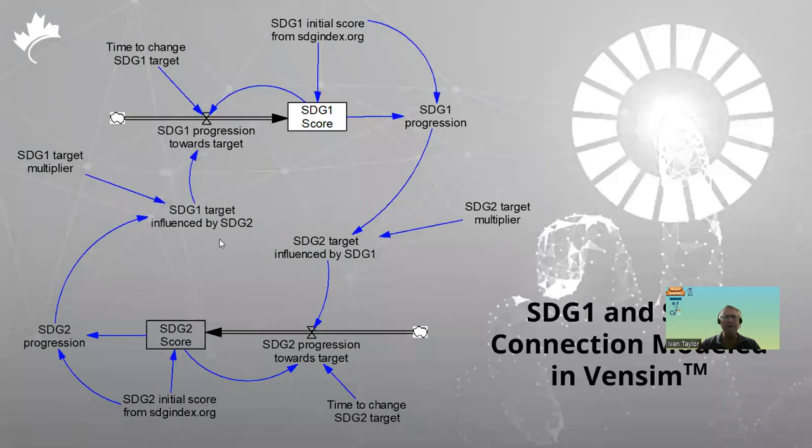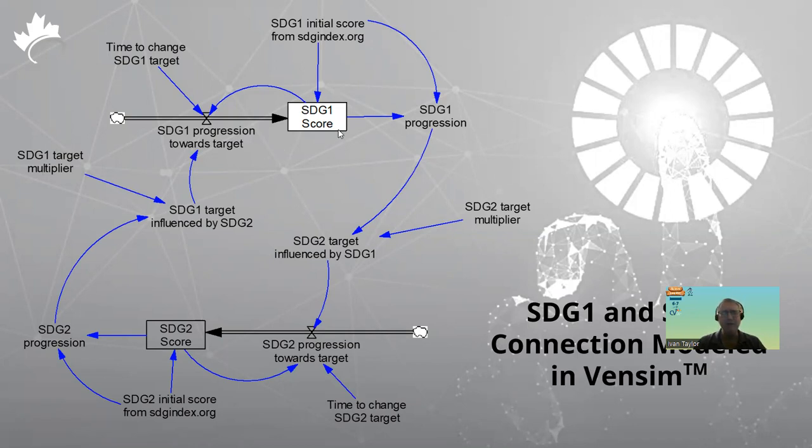So now we converted this matrix of connections into a stock and flow diagram, which is the basis of system dynamics. System dynamics is a method of computer simulation that allows things to change over time, and it uses a mathematical concept called differential equations.